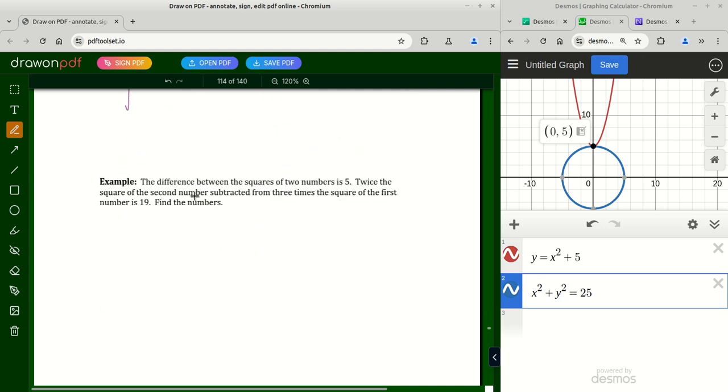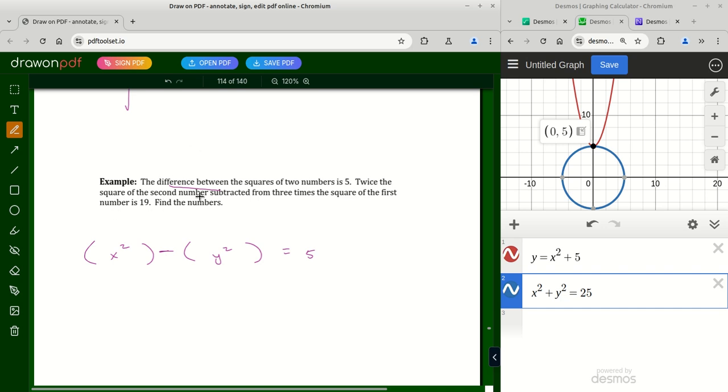Okay. When we're talking about sentences, we have to translate these into math phrases. Oh wow, this is the last one. So here we go. The difference between. So hold on. That means subtraction of two things. The squares of two numbers. So what they're trying to say is x squared minus y squared equals 5.